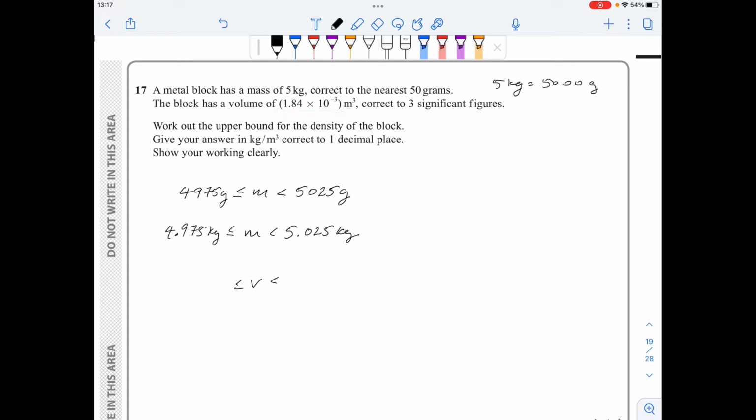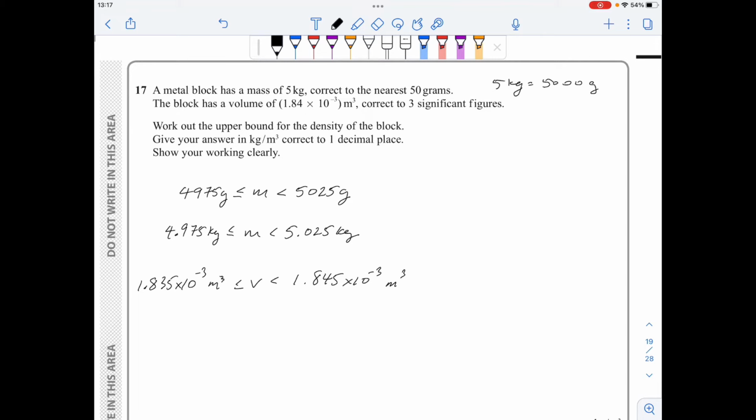Now the volume is given by this number to 3 significant figures. That's easier than the mass now. So the upper bound is 1.845 times 10 to the minus 3 meters cubed. The lower bound is 1.835 times 10 to the minus 3, again meters cubed.